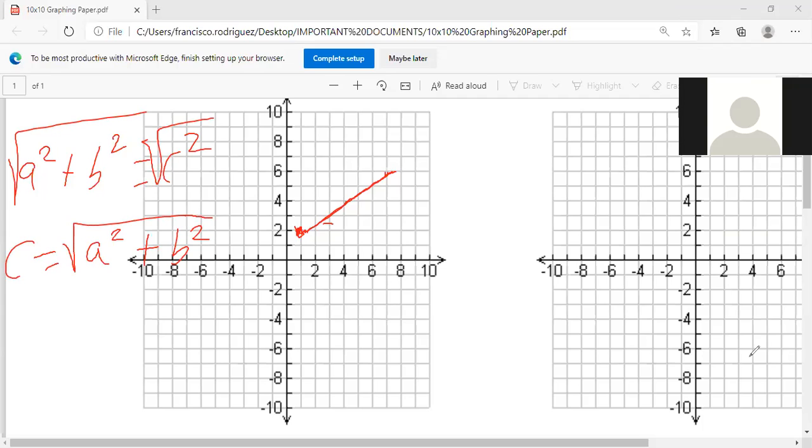Okay, so next question. How do we actually find a? What does our a represent? The length, right? So let's say our a represents this part right here, this 1, 2, 3, 4.